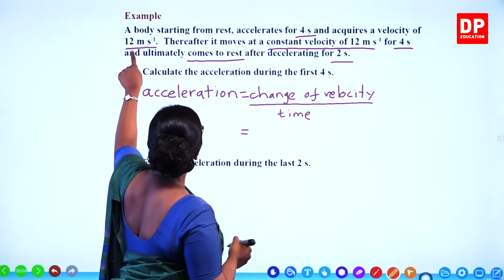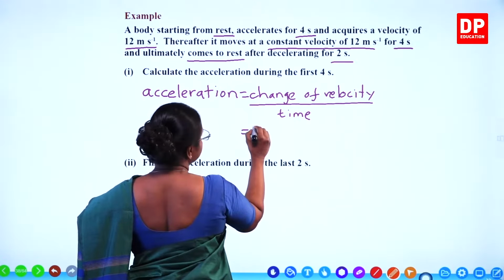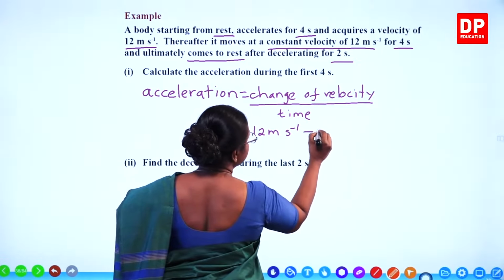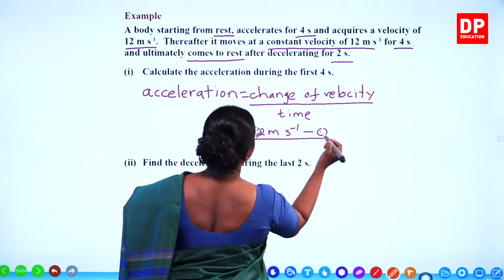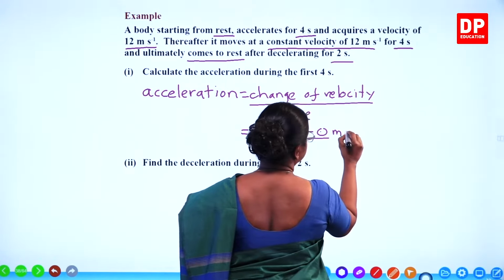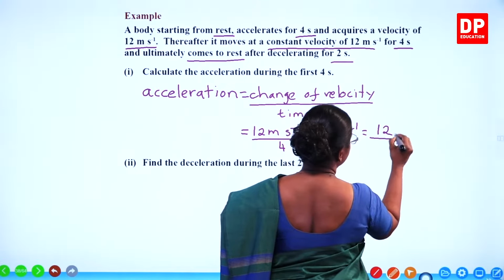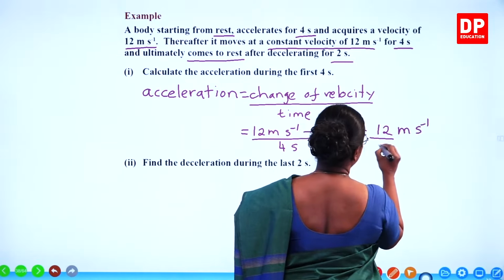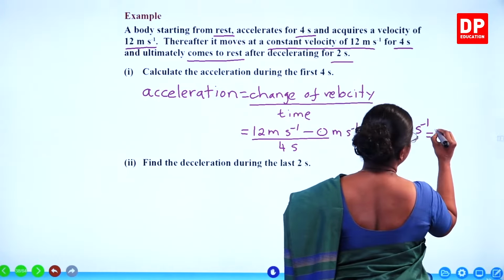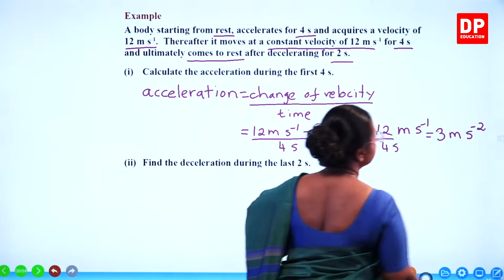You all know it is final minus initial. So final is 12 meters per second. Initial is 0, divided by time is 4 seconds. So that will be equal to 12 meters per second divided by 4 seconds. The acceleration will be 3 meters per second square.